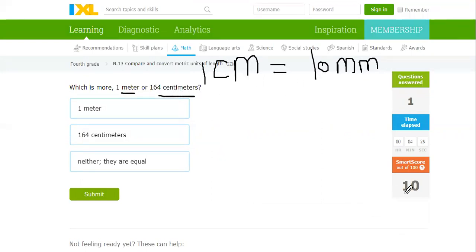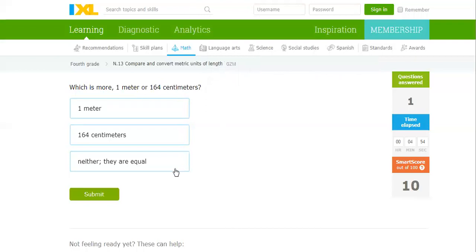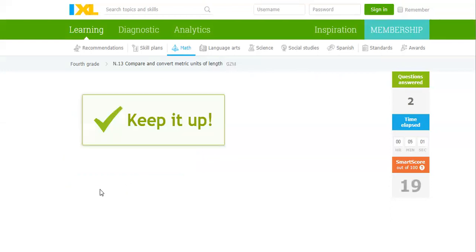Okay, so I know that 1 meter equals 100 centimeter. So which is more, the 1 meter or the 164? Definitely, yes, you are right, the 164, because 1 meter is only 100.